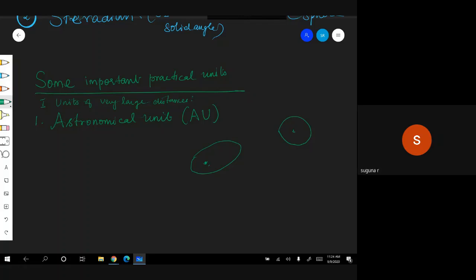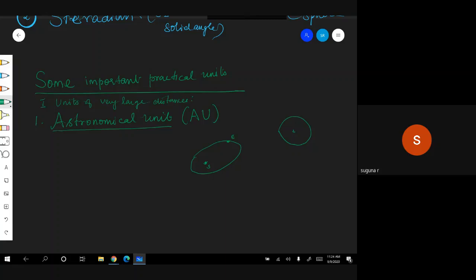So this is the sun, and let us consider this is the Earth. Earth revolves around the sun in an elliptical orbit, with the sun at one of the foci of the ellipse. This is Kepler's law. This is the fact. Now we are going to see what an astronomical unit is. The astronomical unit itself says it's a very, very huge unit. Therefore, what is 1 AU?